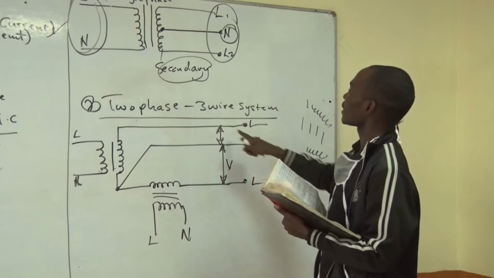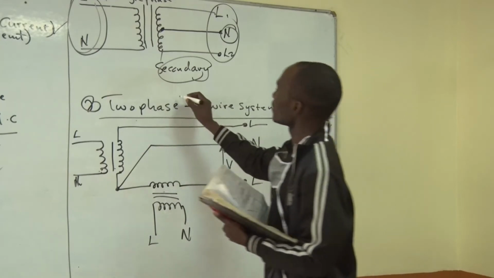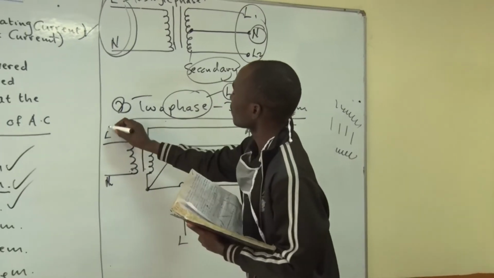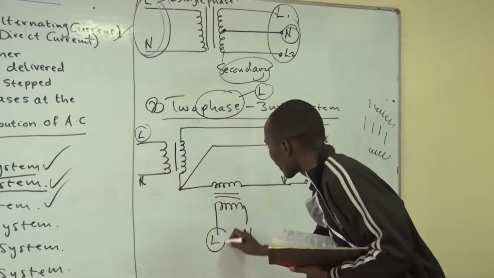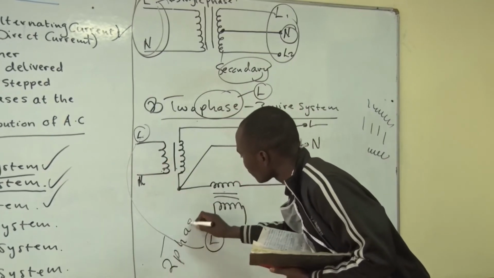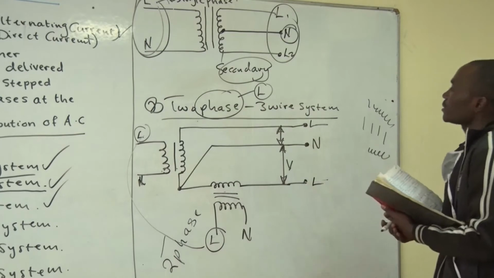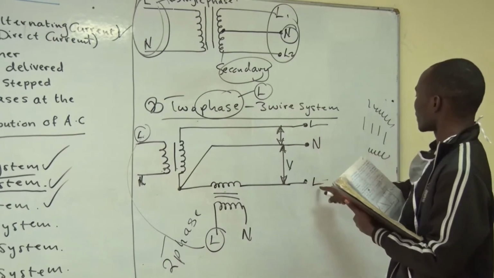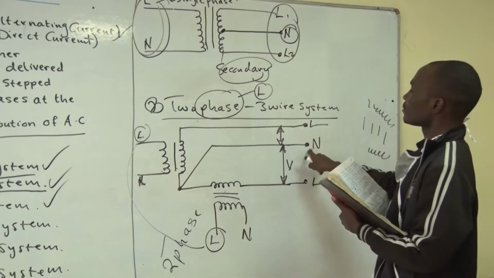So you can see that if it is 2-phase, we said a phase is a live wire. So we have this live and we have this live wire to give us the 2-phase. And from the outgoing side, we get our 3 wires, whereby you can see that we have this live and we have this live, and again we have this neutral at the center.